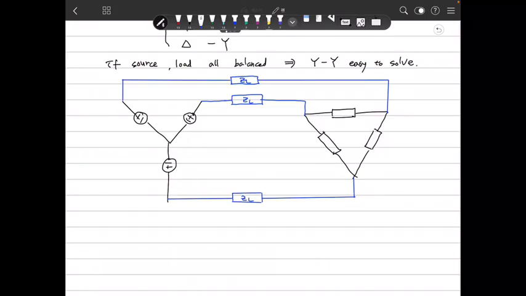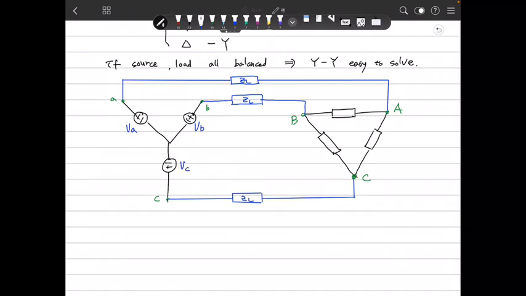Then we need to define some nodes here. We define this as small a, small b, and small c, and this as large A, large B, and large C, and define some variables. This is VA, VB, and VC.